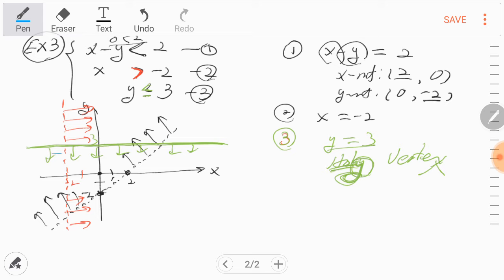So below the green line, right of the red dotted line, and above the black dotted line. So the overlapped area is in the middle. So this is the solution. This solution includes the green line, and the other lines are not included. So this is the area. This is the solution of this graph.